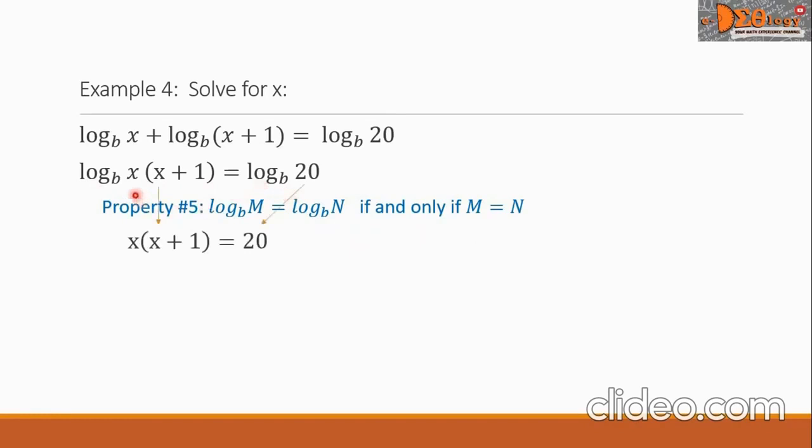So you see here, the x times the x plus 1 comes down equals 20. And from here, we will solve for x.